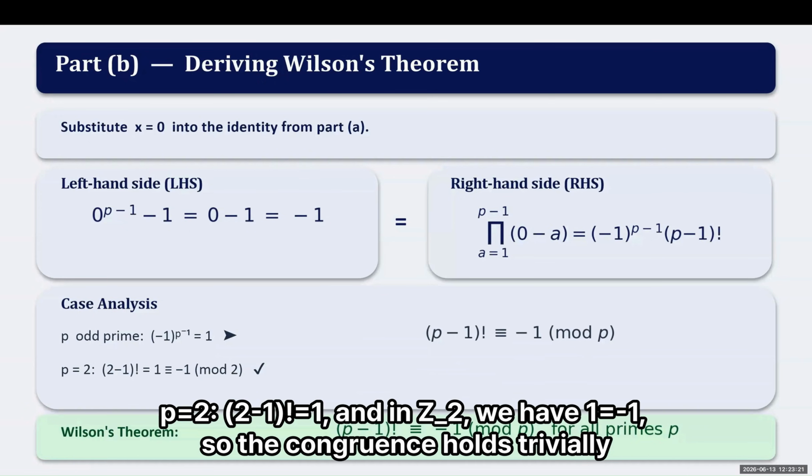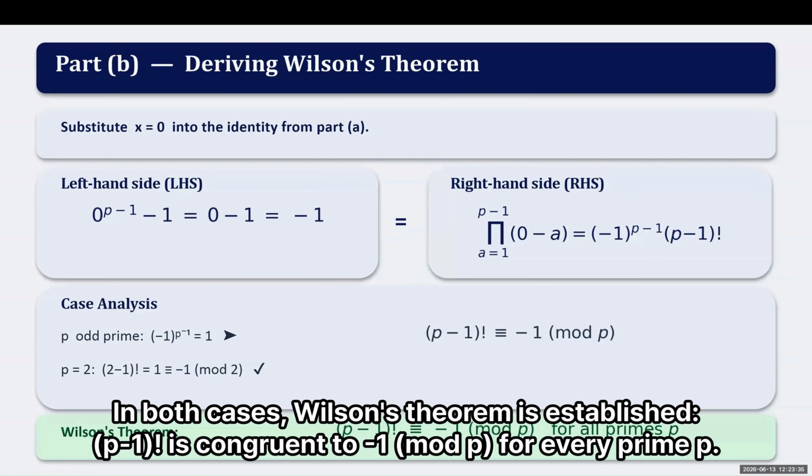If p is equal to 2, 2 minus 1 factorial is equal to 1, and in G sub 2, we have 1 is equal to negative 1. So the congruence holds trivially. In both cases, Wilson's theorem is established: (p minus 1) factorial is congruent to negative 1 mod p for every prime p.